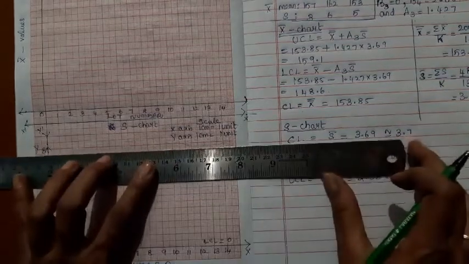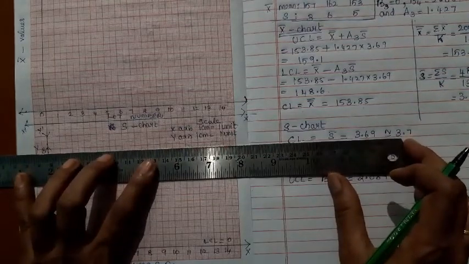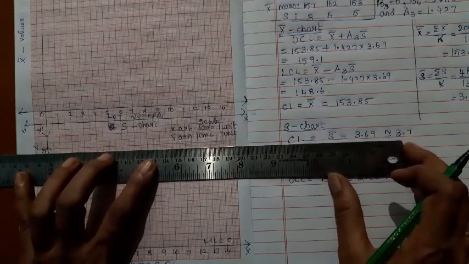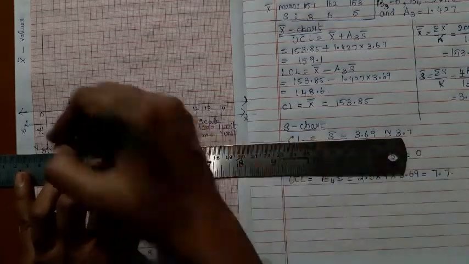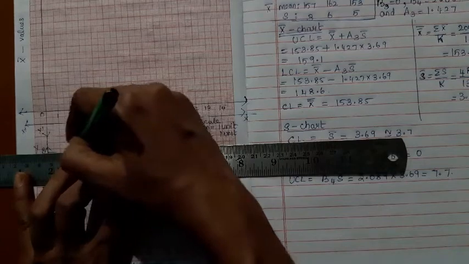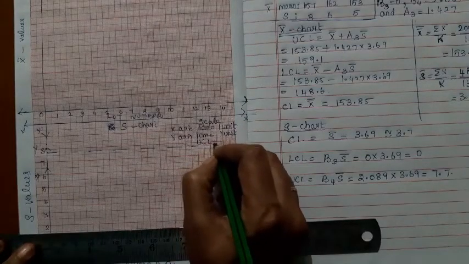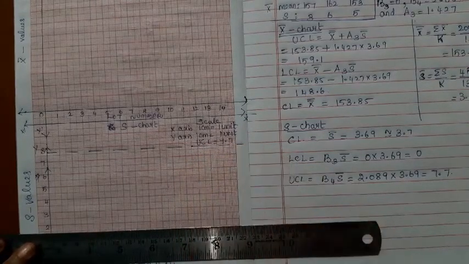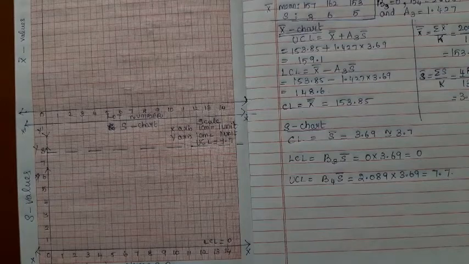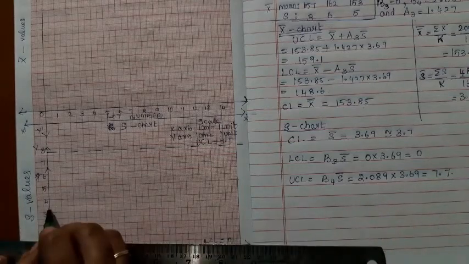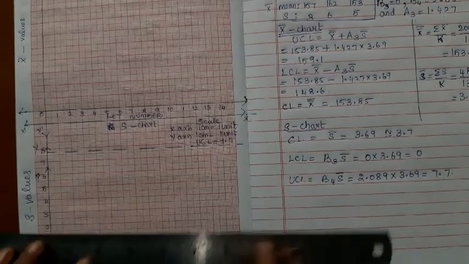So this is your upper control limit, and you know that the upper control limit and lower control limit should be represented as dashed lines. This is my upper control limit for the S chart, which is 7.7. The lower control limit is 0. The center line is 3.7: 3.5, 3.6, 3.7.